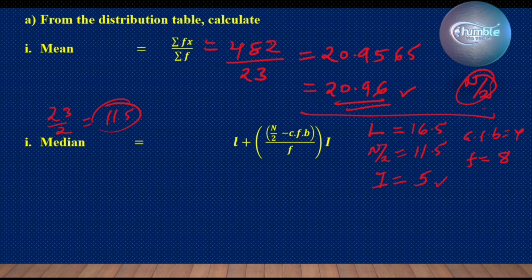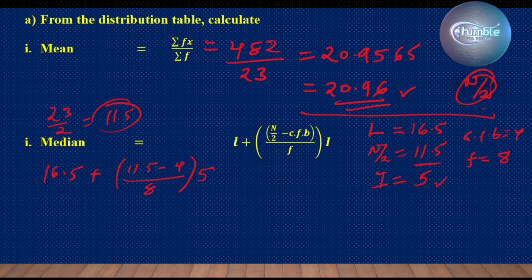So how do we work it out? We shall now replace. Our median is going to be L, which is 16.5, plus n over 2, which is 11.5, so bracket 11.5 minus CFB, so minus 4, divided by F, which is 8, and then multiply by I, which is 5. Don't raise this to the power 5.